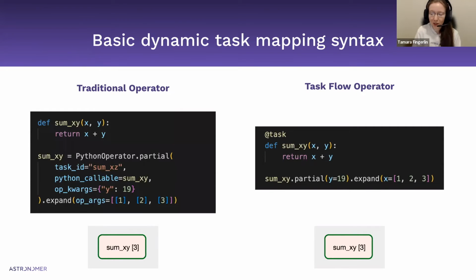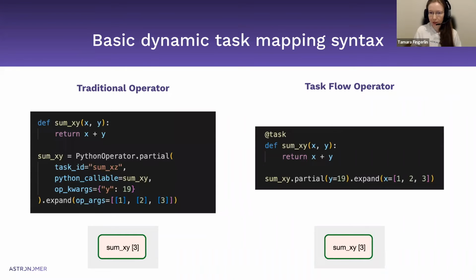So if you haven't used it yet, I recommend you try it out. I'm going to start with the code on the right-hand side. We first define our TaskFlow API task called sum_x_and_y, which simply sums together x and y. And then instead of just calling it like normal, we call it with .partial first.